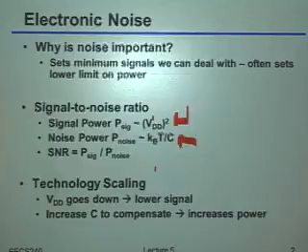So if you want to improve your voltage precision by a factor of 2, you have to make the capacitance 4 times larger. That implies the power consumption you have to spend also needs to be 4 times larger.